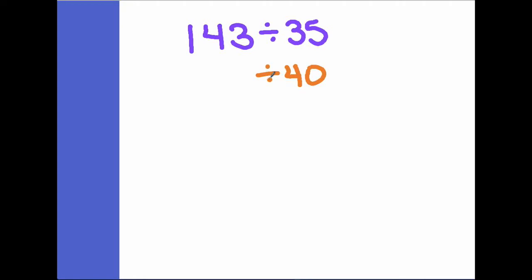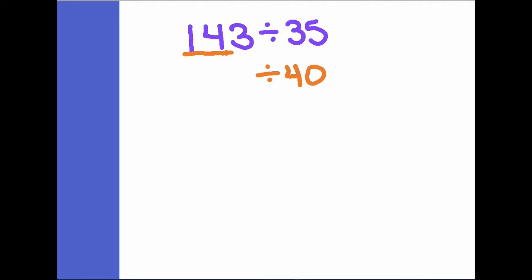Okay, look at this. Does 4 go into 1? No. Could it go into 14? Yes. No, it doesn't, not evenly. Can 4 go into 14? Yes. It can't go into 1, though. We already know that.